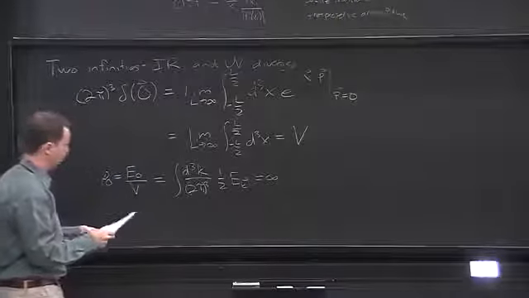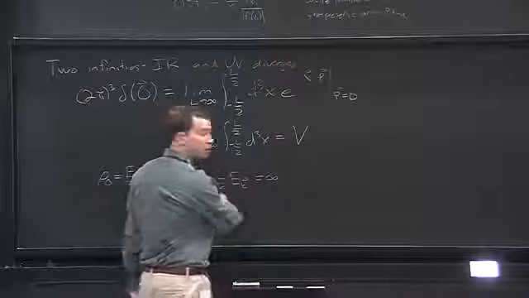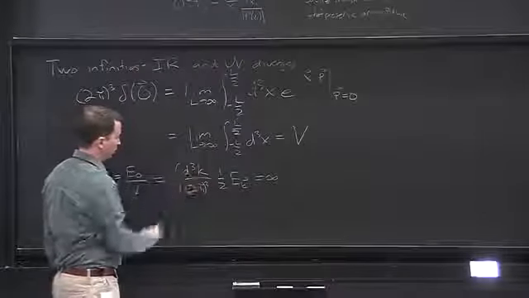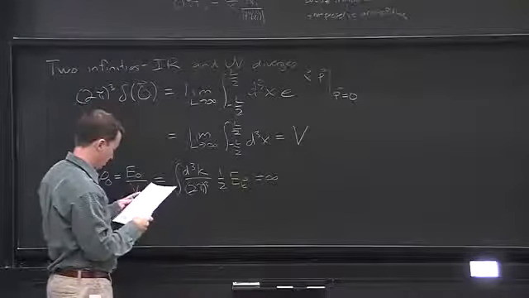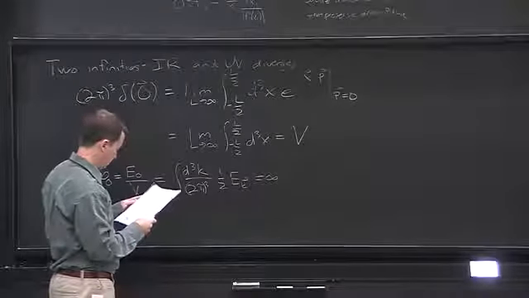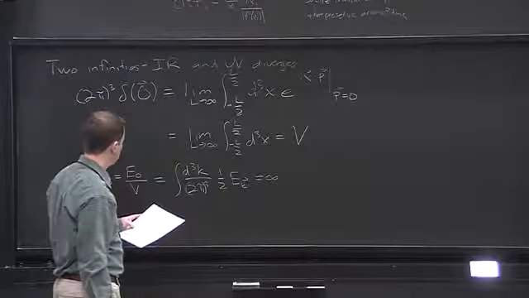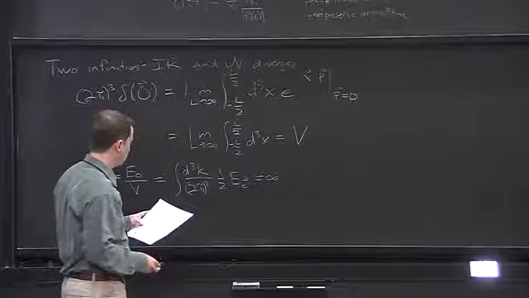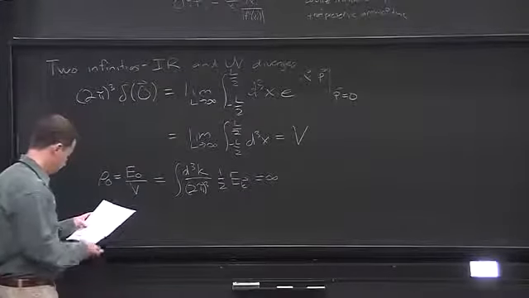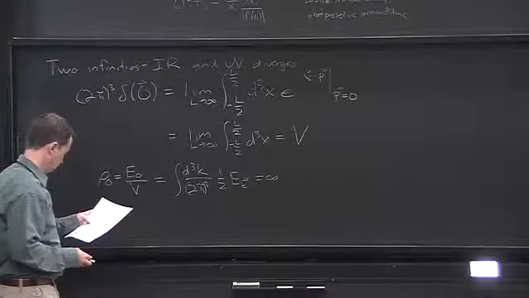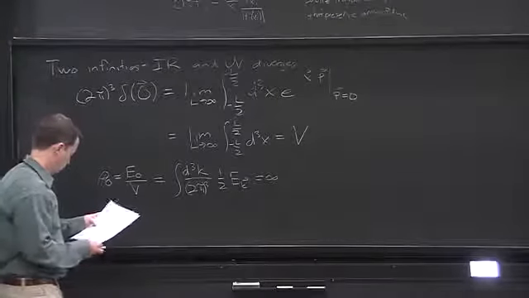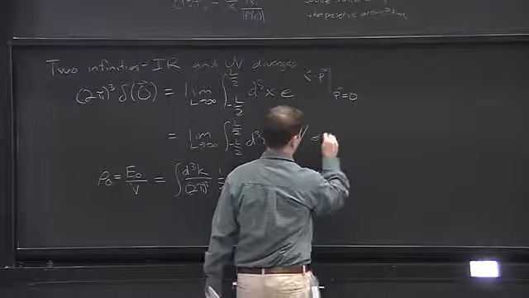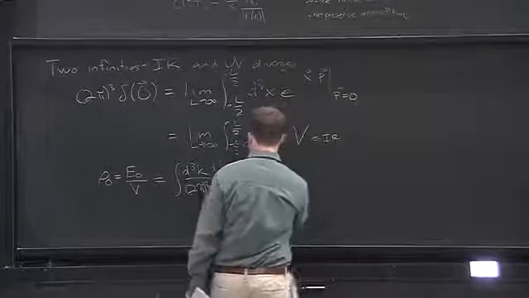So this blows up like k to the 4th. Go to spherical coordinates, we've got a k squared. So this here is the IR divergence, and this here is UV.